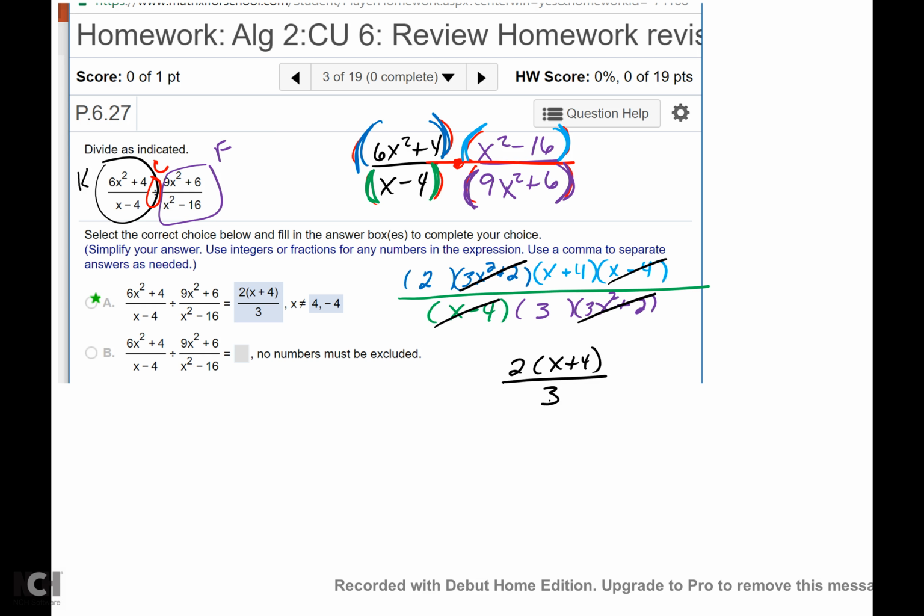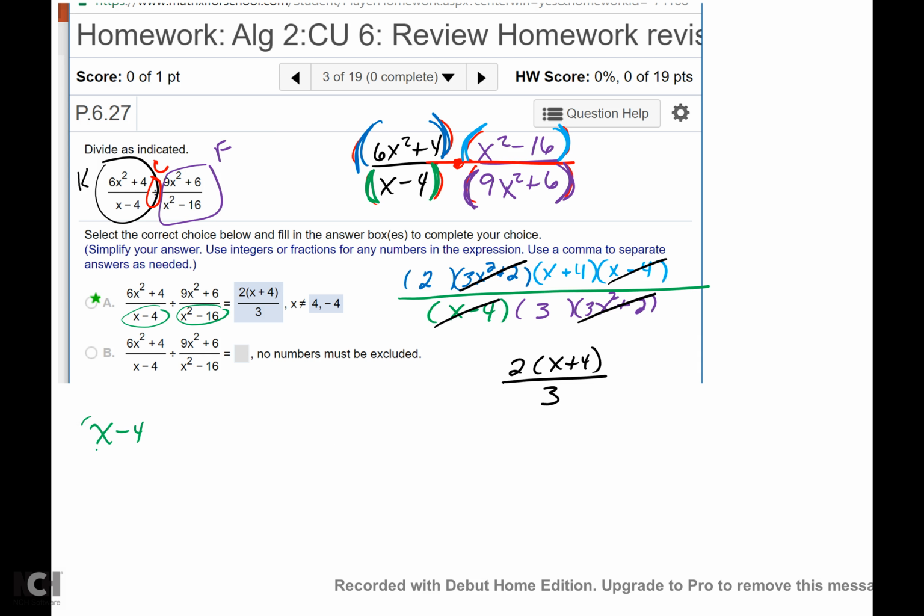And what I say is, Mr. Denominator, which was x minus 4 times 3x squared plus 2, can never equal 0. Oh, ew, no. You have to go with your original, which are these two denominators.